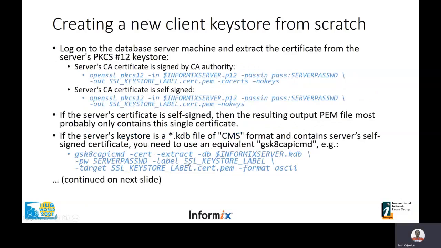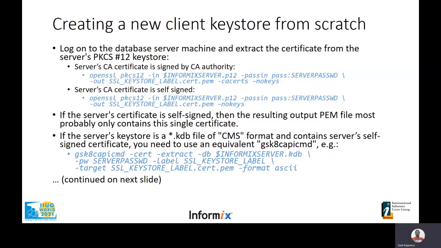So here I'm using SSL_keystore_label. This is assuming that my server's self-signed certificate name is SSL_keystore_label. But if my server certificate is CA signed, then I'll have to extract all those CA certificates.